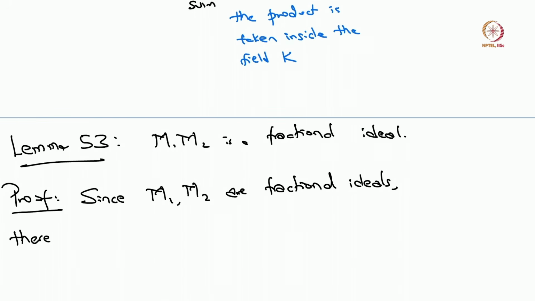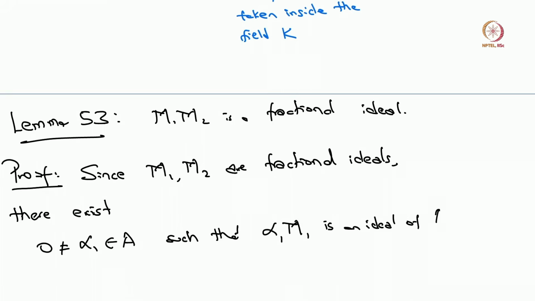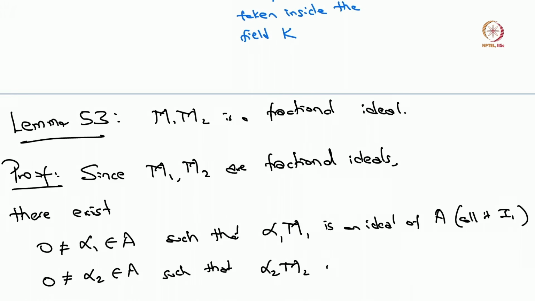There exists an alpha 1 that's not 0, in A, such that alpha 1 times M1 is an ideal of A, and call it I1. And there's an alpha 2 in A, not 0, such that alpha 2 times M2 is an ideal of A, call it I2.